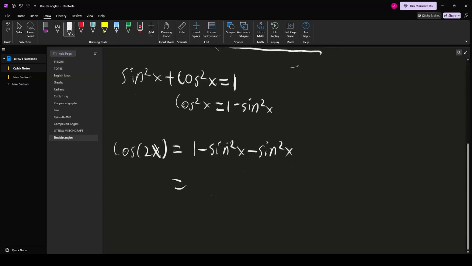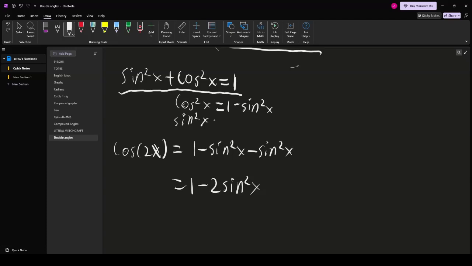There's two sine squared x's. Those are like terms, so they combine into 1 minus 2 sine squared x.